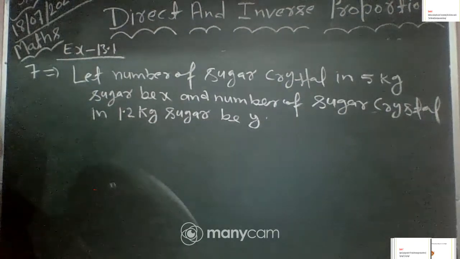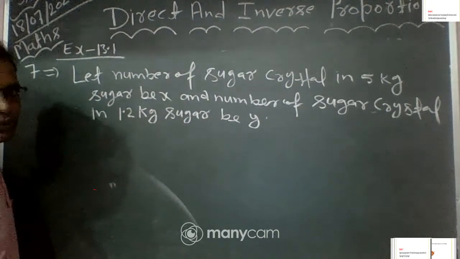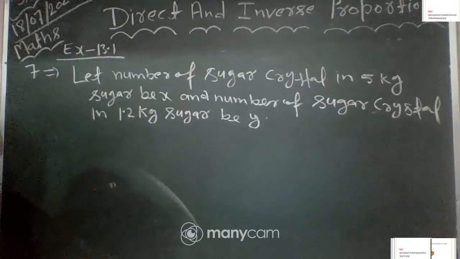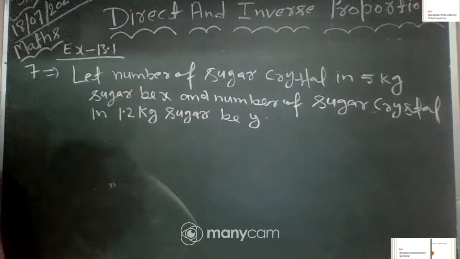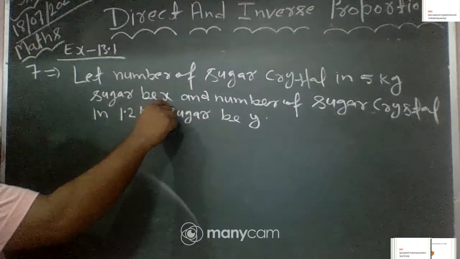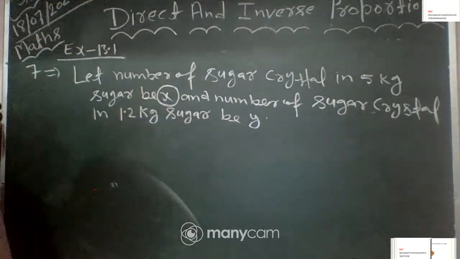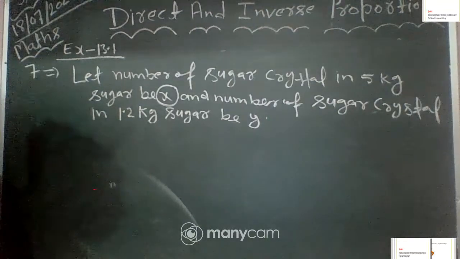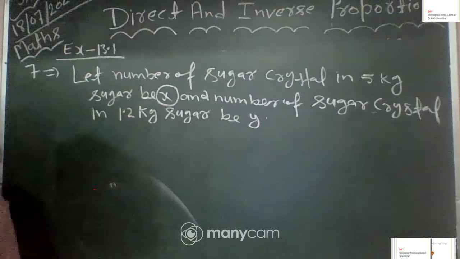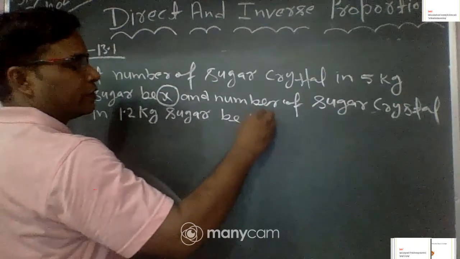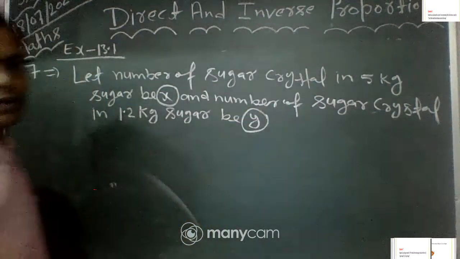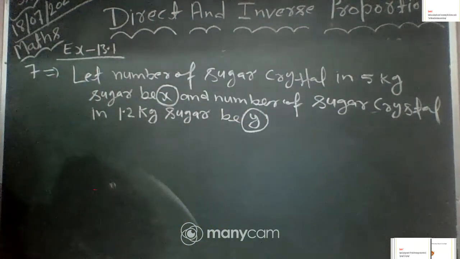Because in this question we find the number of crystals in 5 kg sugar and the number of crystals in 1.2 kg sugar, we let the number of sugar crystals in 5 kg sugar be x, and the number of sugar crystals in 1.2 kg sugar be y.